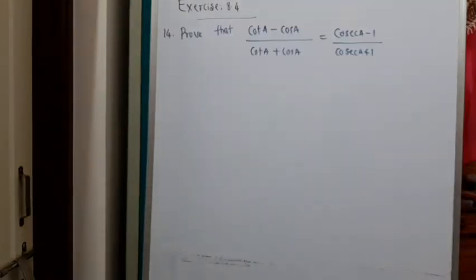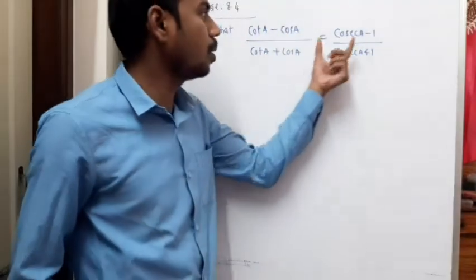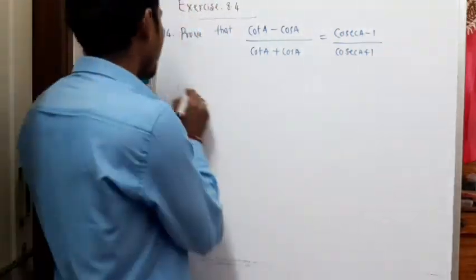14th example, we need to prove cot A minus cos A divided by cot A plus cos A is equal to cosecant A minus 1 divided by cosecant A plus 1. So consider the LHS.